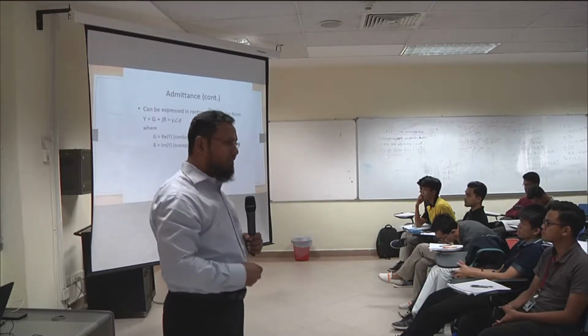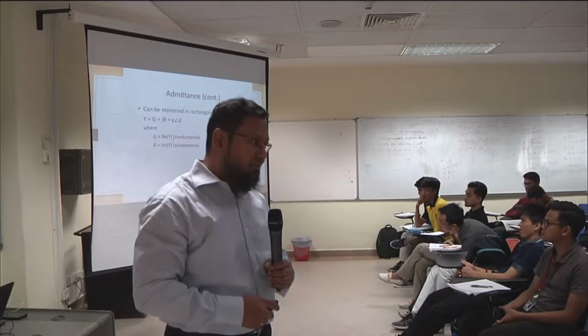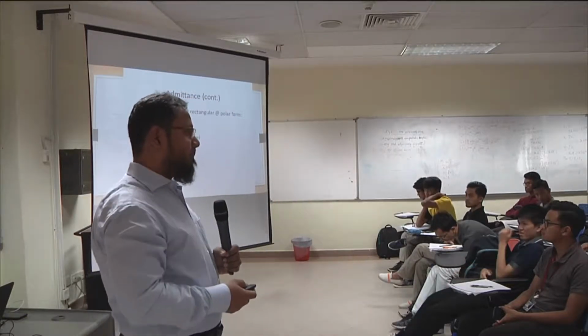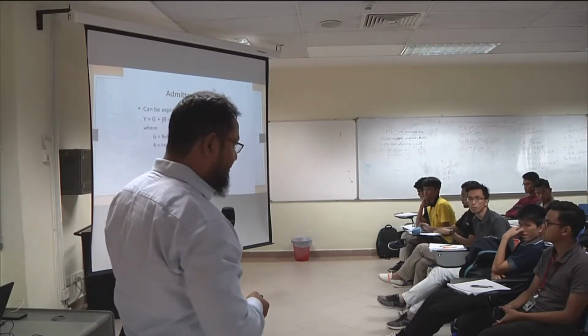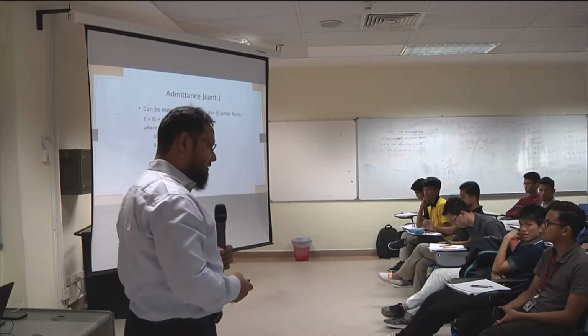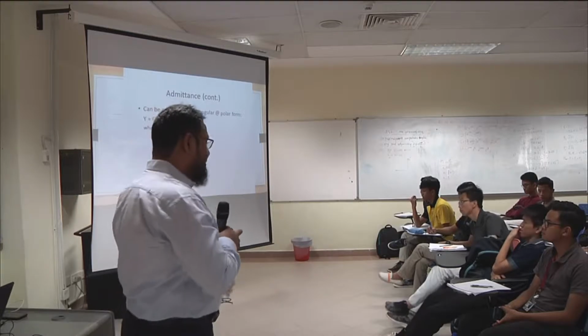Susceptance. 1 over reactance is called susceptance. 1 over impedance is what? Admittance. 1 over R is conductance, and 1 over X, C or L, whatever that is, is called susceptance.